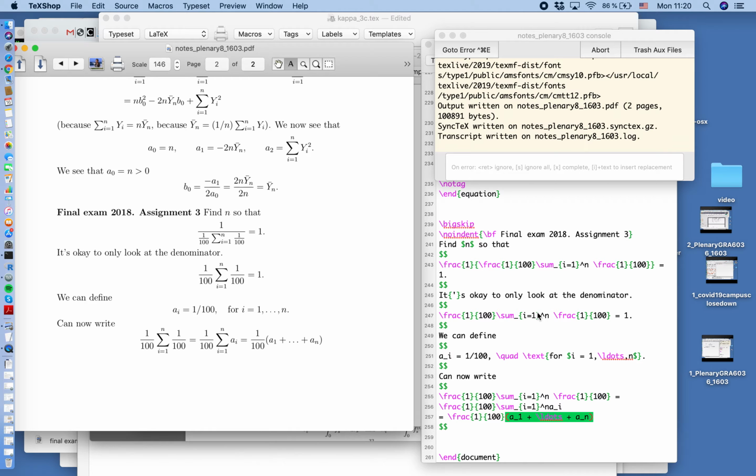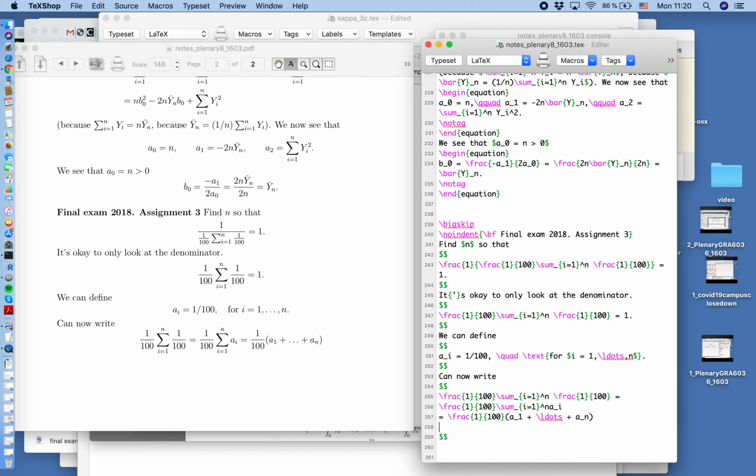Now since all these a_i's are equal, they're all equal to 1 over 100, we can insert 1 over 100 for each of them, and then we get n such terms, so that will just be n times 1 over 100.